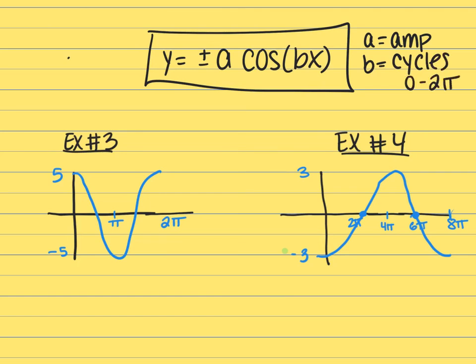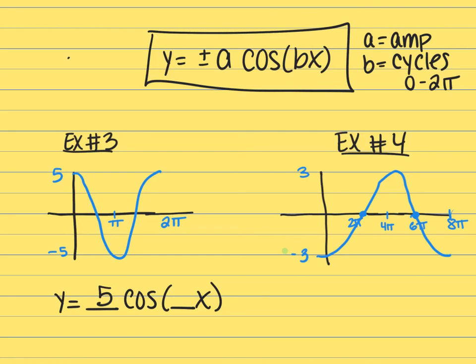So I'm going to set up my equations down here. So y equals something cos something x. So if we look at this first example, the amplitude is what's going to go here. So the amplitude starts from the midline to the max value, or the midline to the min value, and that's 5. So we can go ahead and just type in 5.